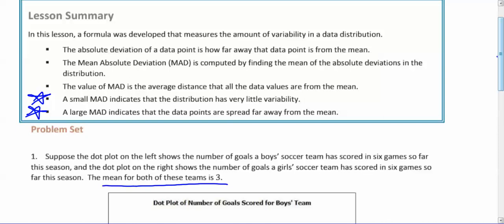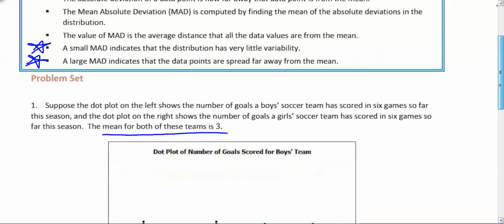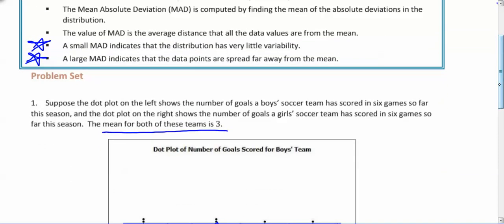The two key things here, in my opinion, are that a small mean absolute deviation means low variability, and a high MAD means high variability. What you consider a small or large MAD depends on your data set, so you've got to look at how that number compares to the range and the numbers you're dealing with.